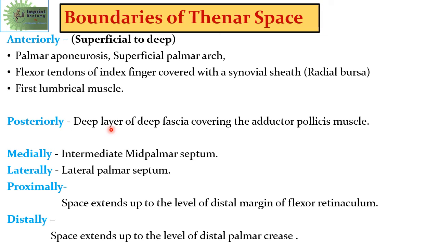Posteriorly, the deep layer of the deep fascia which covers the adductor pollicis muscle. Medially, the intermediate palmar septum. Laterally, the lateral palmar septum. Proximally, the thenar space extends up to the distal margin of the flexor retinaculum, and distally it extends up to the level of the distal palmar crest.